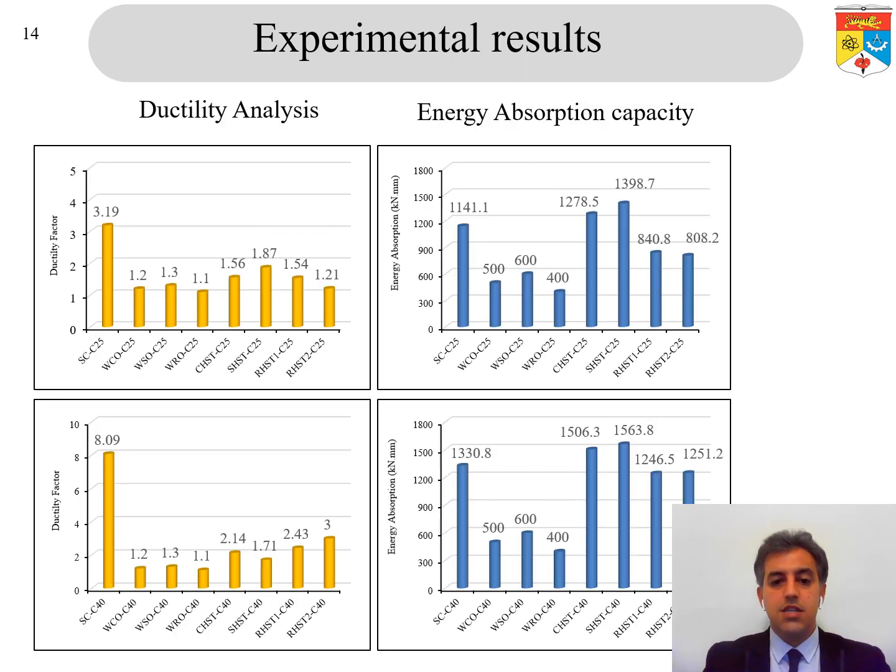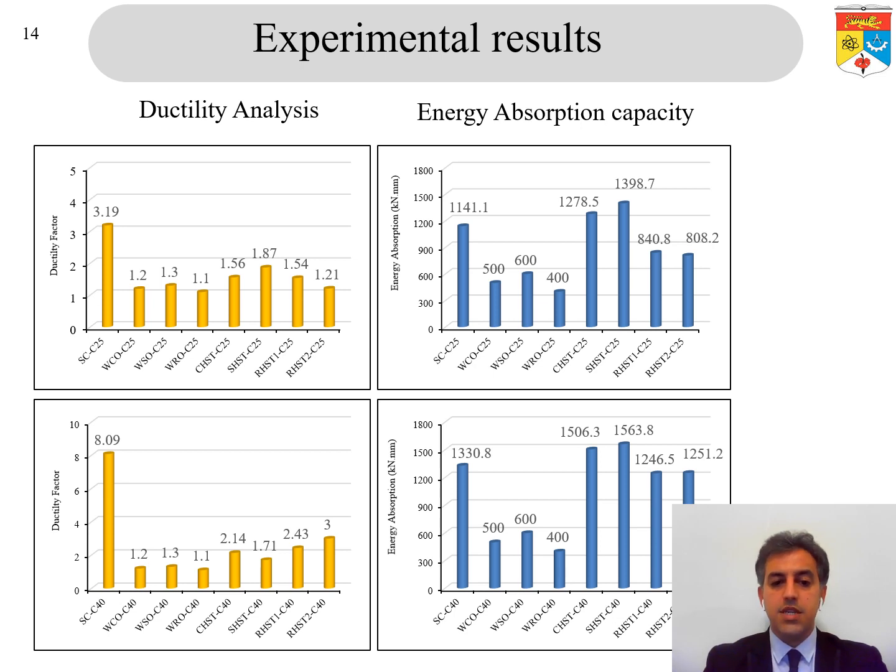The result shows that the ductility factor for the shear stud connector is the highest among all other types of connectors, whereas the energy absorption capacity of the square-shaped hollow steel tube connector is the highest among all other types of shear connector.